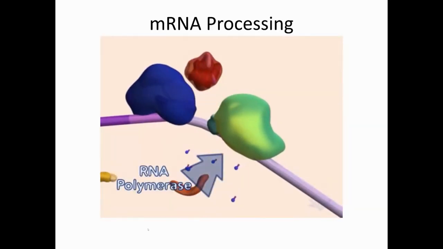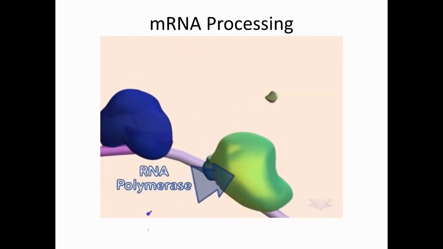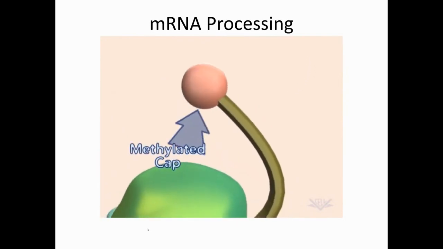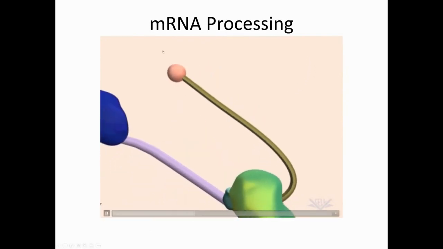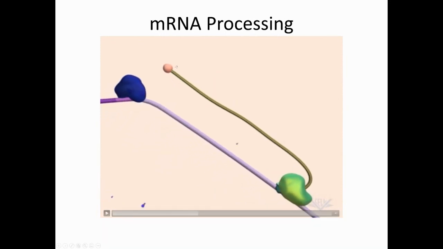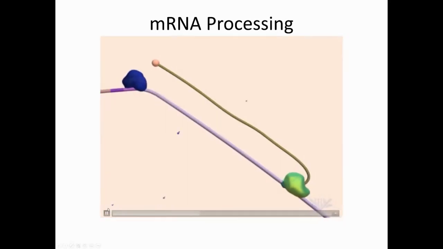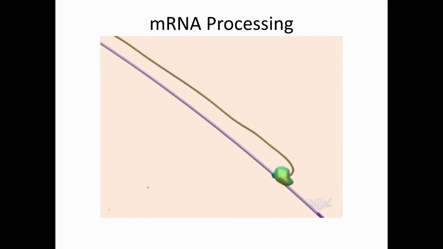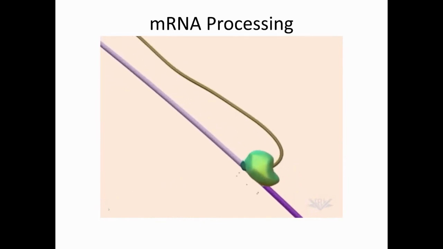Soon after RNA polymerase begins transcription, a methylated cap is added to the 5' end. Remember, that's a guanine. Transcription then continues to completion. The 5' cap, that's a guanine. Following completion, RNA polymerase releases the capped strand of pre-mRNA.